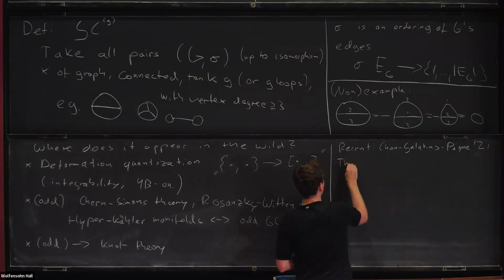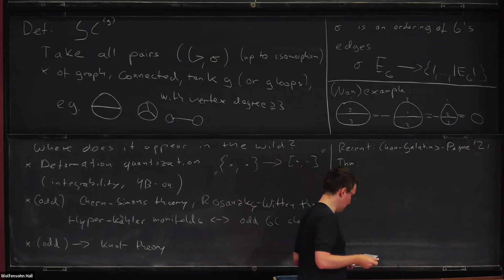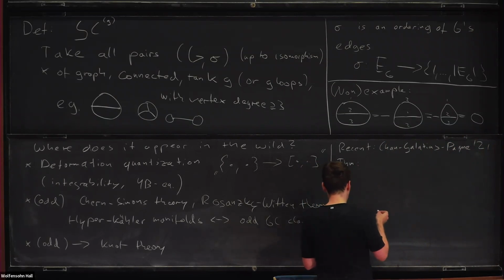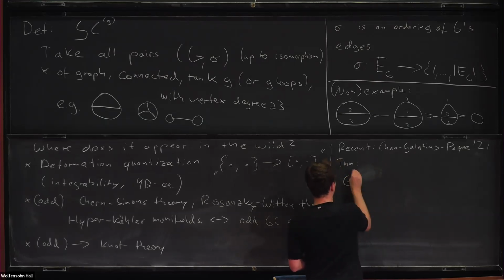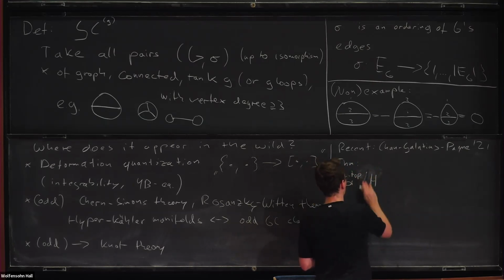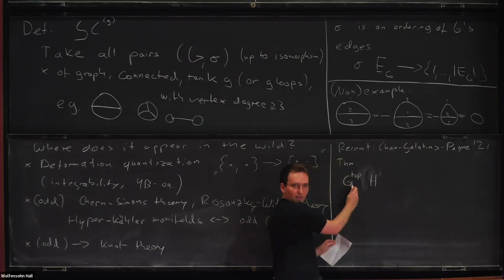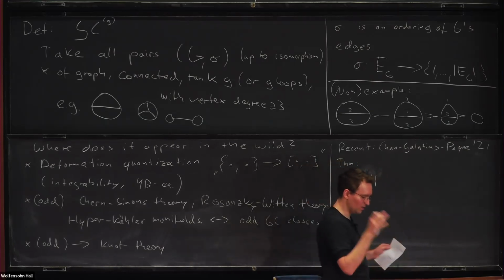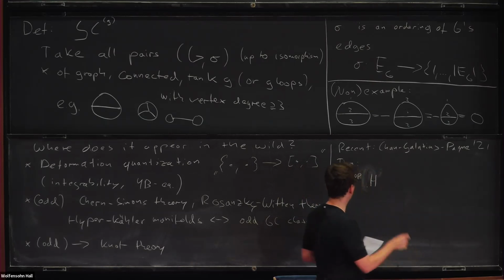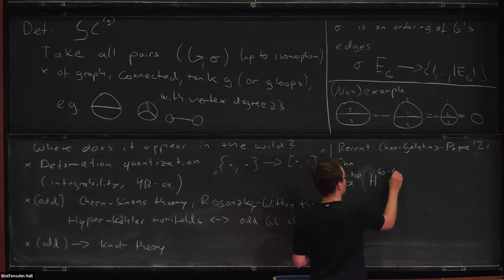Their theorem says that this graph homology is isomorphic to the top weight cohomology, a specific subspace of the cohomology of the moduli space of curves.